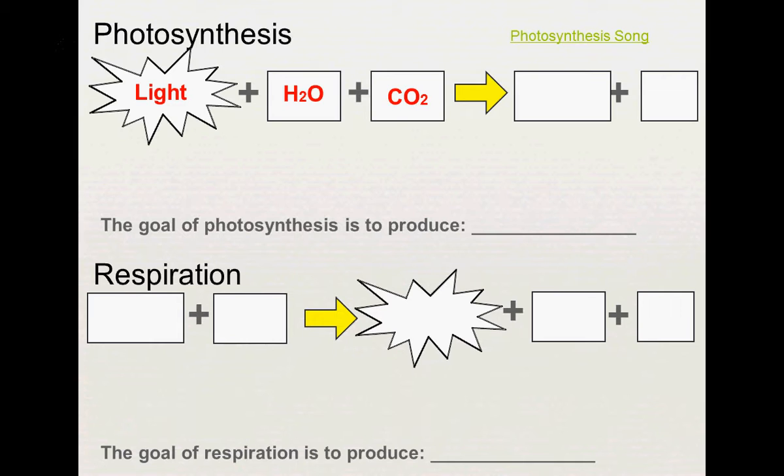So we call these their chemical symbols. So in photosynthesis, if we have light energy available, we have water and we have carbon dioxide, we can produce two products, we call it. Okay? And what does it produce? So photosynthesis, this process, produces two things.